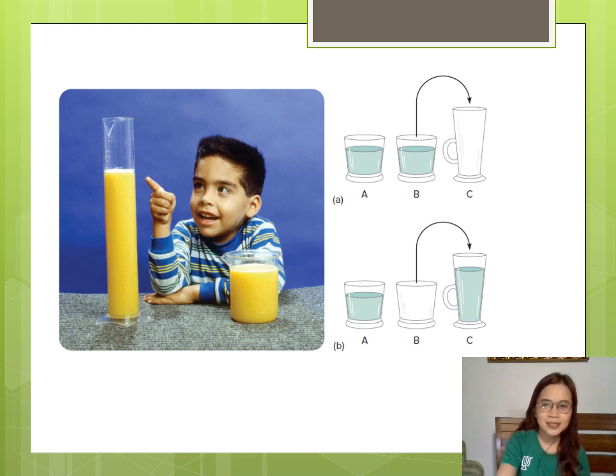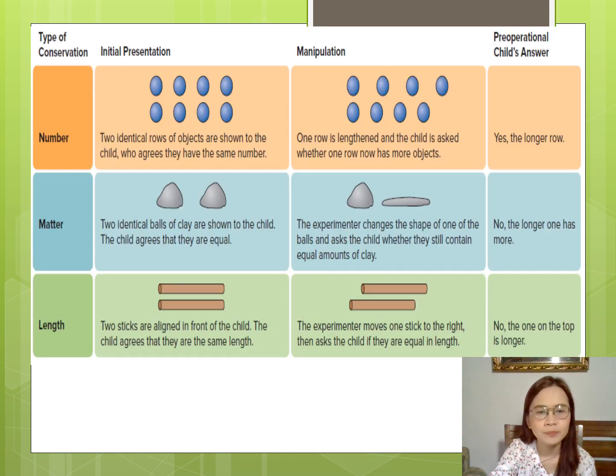Pwede nyo itong gawin as example sa inyong mga, let's say, mga 2 to 7 and length. Okay, so sa number, here in this example, we can see that there are 4 objects in each row. And then, you manipulate the objects. Medyo inawang-awang mo yung nasa first row to make it longer.